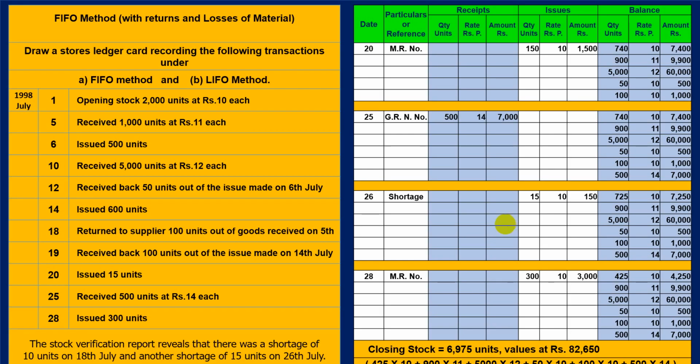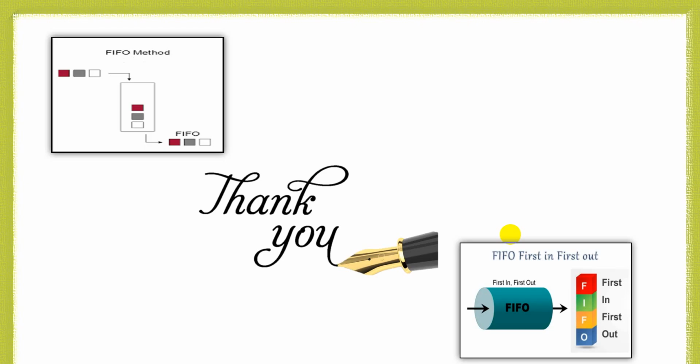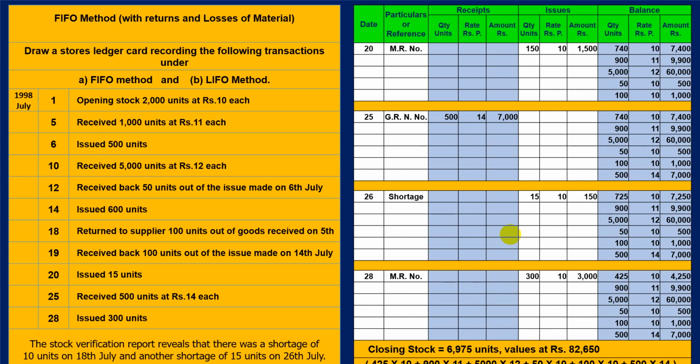Towards the end, how to calculate the closing stock is given here. This goes as 425 into 10, that comes to 4250; 900 into 11, 9900; 5000 into 12, 60,000; 50 into 10, that is 500; again 100 units into 10, 1000 rupees; 500 units into 14, 7000 rupees.